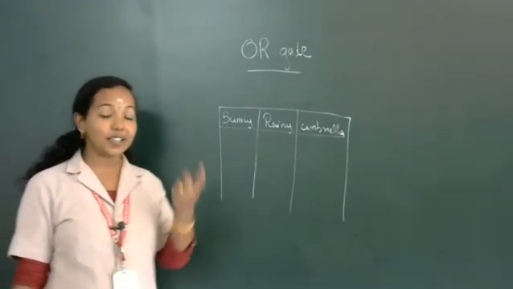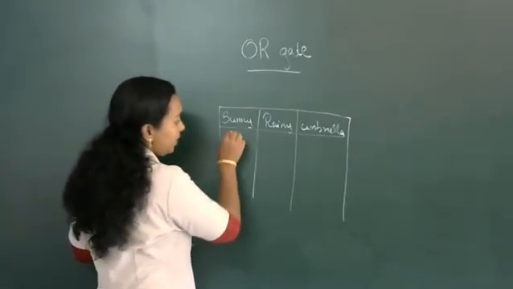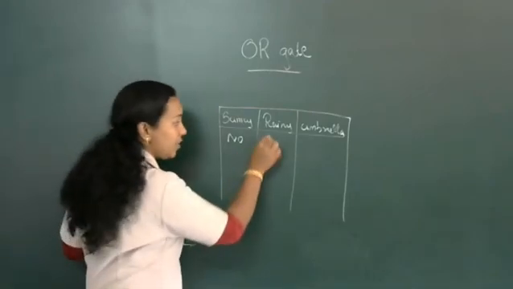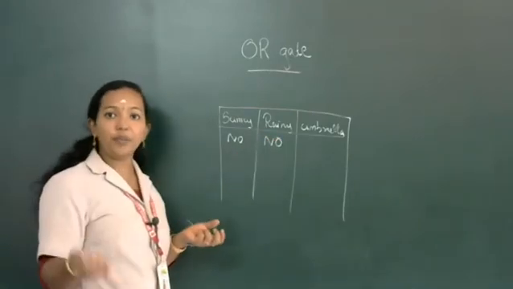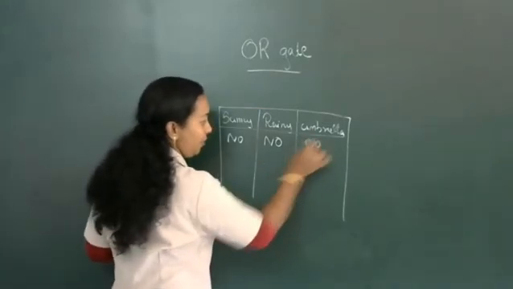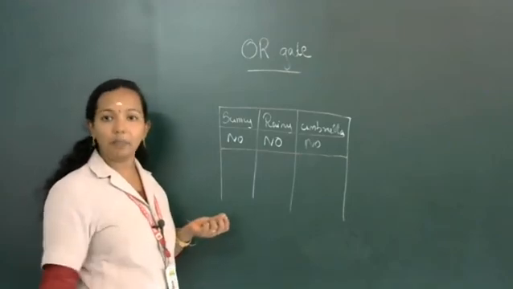So we will discuss according to the logic values. If there is no sunshine and also there is no rain, should we take an umbrella? No. That means if both conditions are absent, you don't need to take the umbrella.